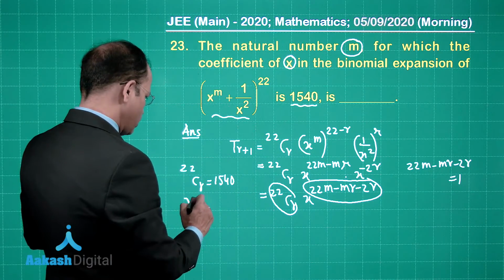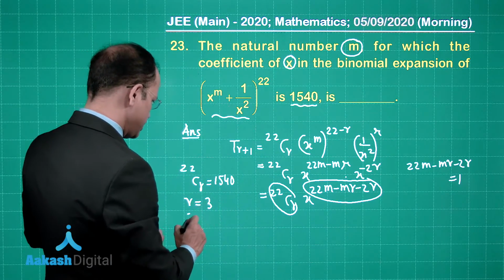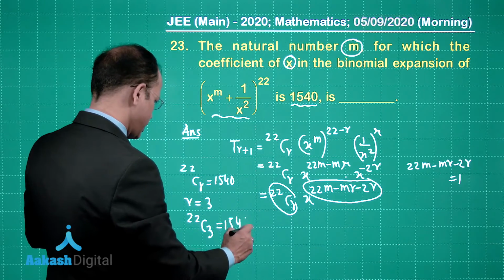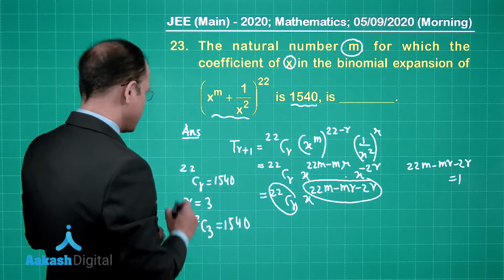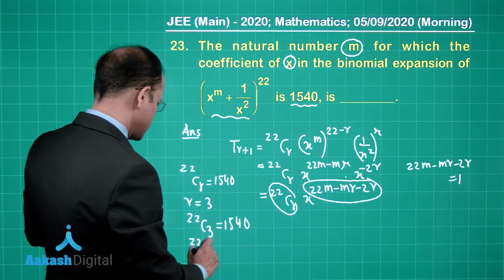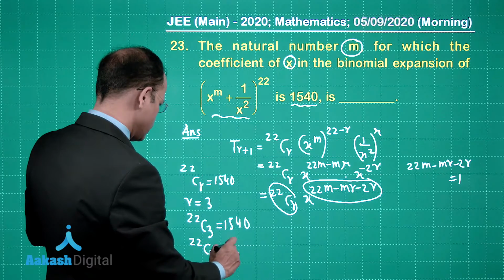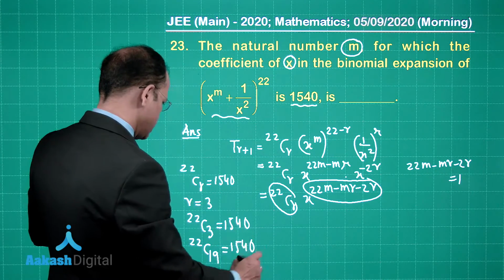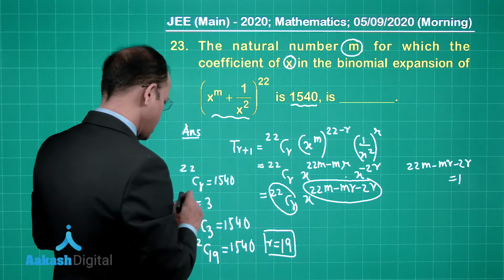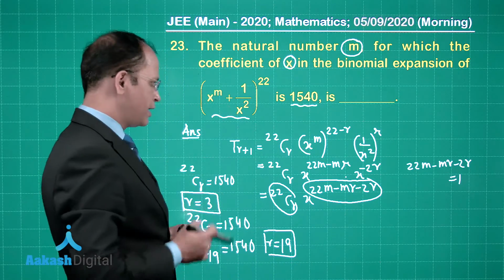So r is equal to 3 because 22C3 is coming out to be 1540. Similarly, because nCr is equal to nC(n minus r), we can write it as 22C19, which is also 1540. That means r can be 19 also. So there are two things we have, r is equal to 3 and r is equal to 19.